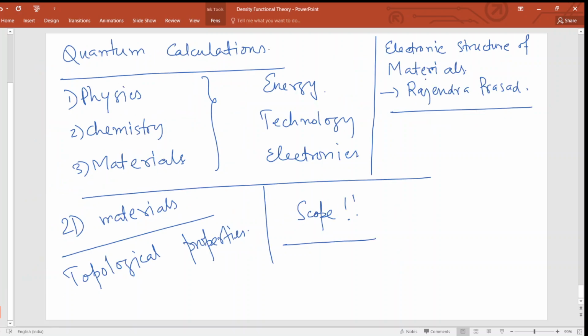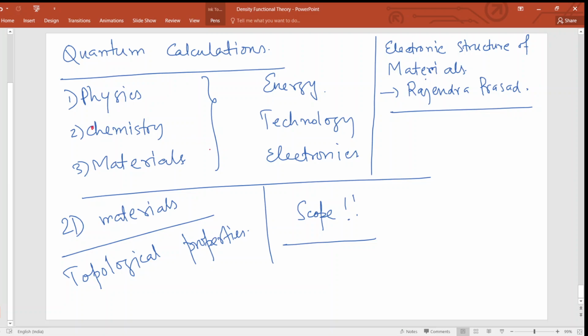Okay, so what we learn from here is that all these techniques, that means Hartree-Fock and density functional theory, are basically quantum mechanical methods of calculating system behavior, and they have widespread applications in different areas like physics, chemistry, and materials, whether material science or materials engineering.